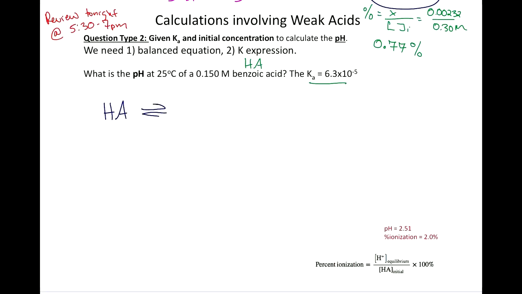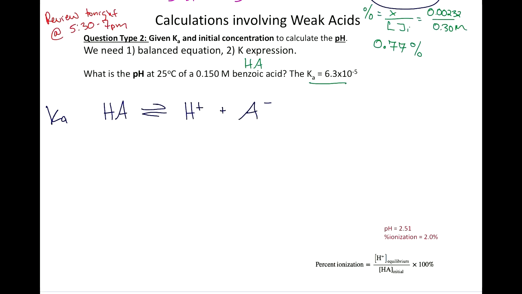We want to make sure we write a Ka expression for benzoic acid because a Ka is given. So HA, when it reacts and acts like an acid, pops off one of its hydrogens, one of its protons, and it leaves what behind? A minus. Yes, that is its conjugate base, A minus.